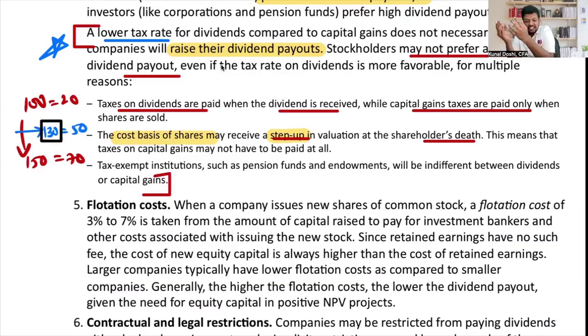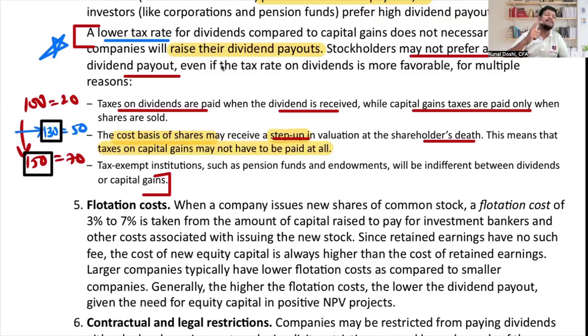Suppose she sells the share after 20 years, she will be paying the tax only on this 20, not on this entire 50 percentage. That's called a step up, which happens because the wealth was transferred to the next generation. This means taxes on capital gains may not have to be paid. Of course, if she's selling at 130, she might not have to pay tax at all. Understood, everyone?